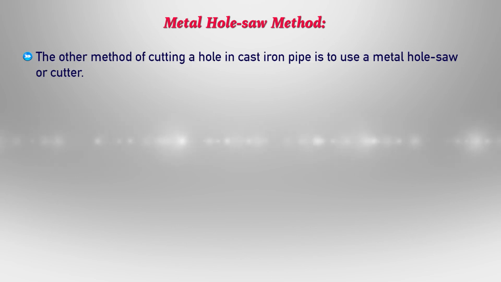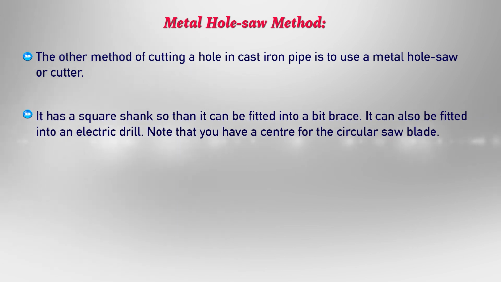Another method is the metal hole saw method. The other method of cutting a hole in cast iron pipe is to use a metal hole saw or cutter. It has a square shank so that it can be fitted into a bit brace.